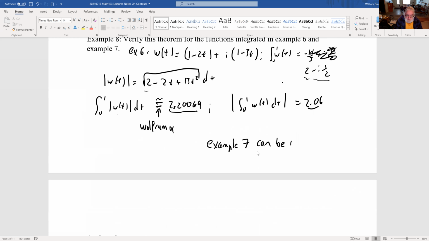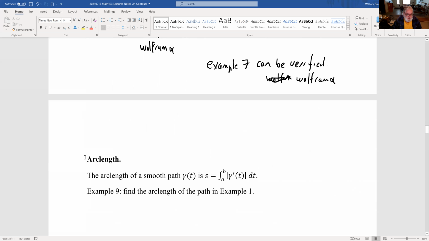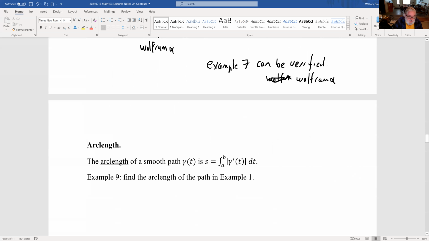You can figure it out by yourself if you care to. I'm not going to make you, but you get some integrals. Again, I suggest Wolfram Alpha or your favorite computer algebra system to deal with that. And I really need to make my notes a lot clearer.